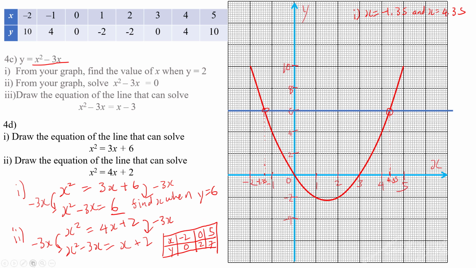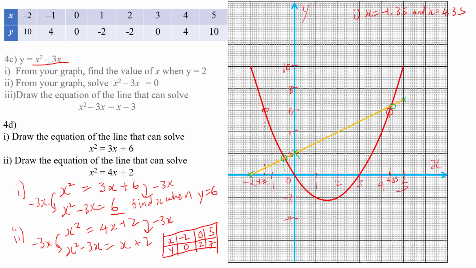Let me just change the color. And 7. 1, 2, 3, 4, 5. So once I have all three coordinates, I will draw a line connecting all of them together, and the intersection is here and here.